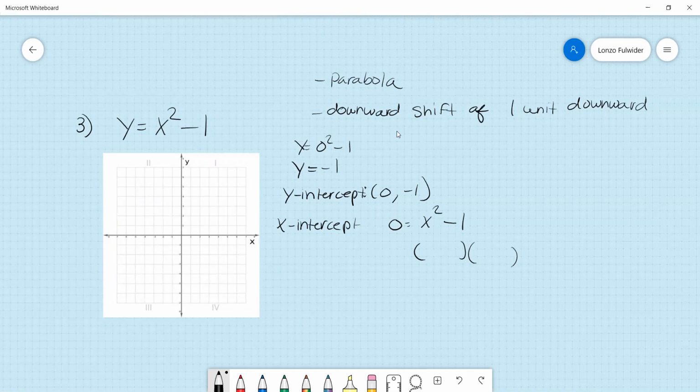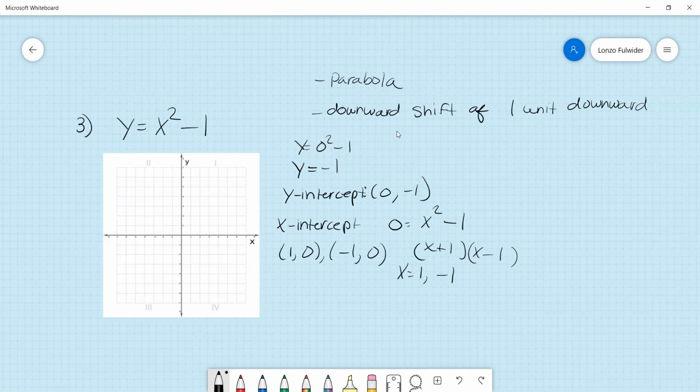So it's going to be (x plus 1)(x minus 1). Or you can just add 1 to both sides and then square root both sides. You still get the answer. So we get two x-intercepts: x equals 1 and -1. So our x-intercepts are 1, 0 and -1, 0.